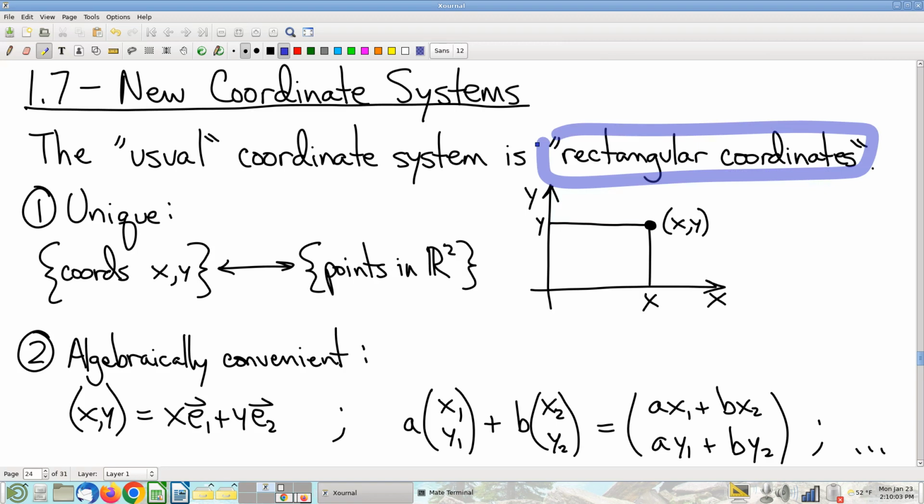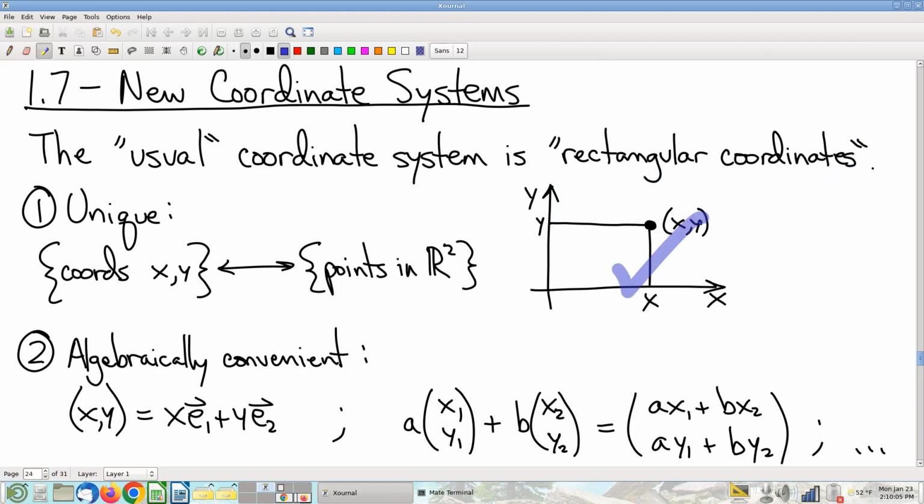And rectangular coordinates, again, are exactly what you think they are. A couple of nice features. Rectangular coordinates are unique. If you give me a point, this point here, there is exactly one x coordinate and exactly one y coordinate to describe that point.